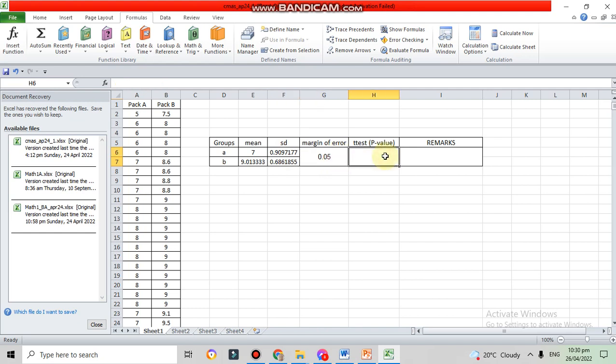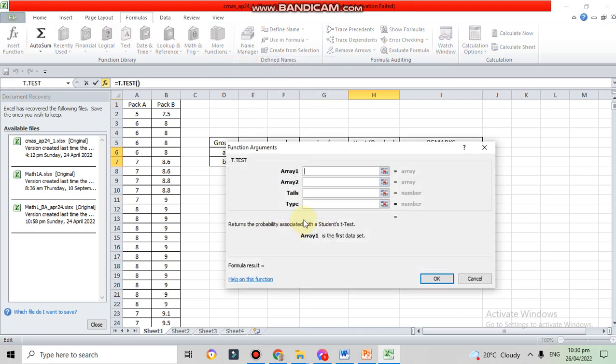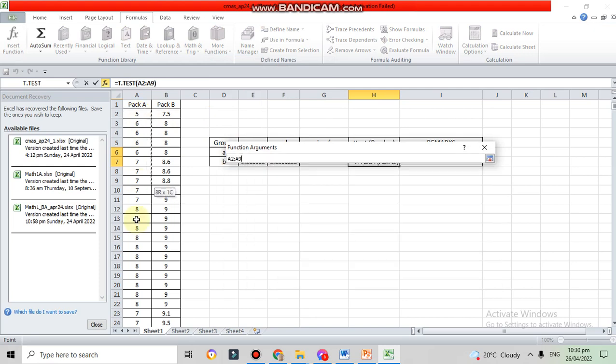Then how to compute the t-test? Okay, so again, let's have the more functions, left click, then move the cursor here, left click and hold until you find the t-test. Okay, left clicked. Okay, for array 1, left click that one. So you left click and hold first number towards the last number.